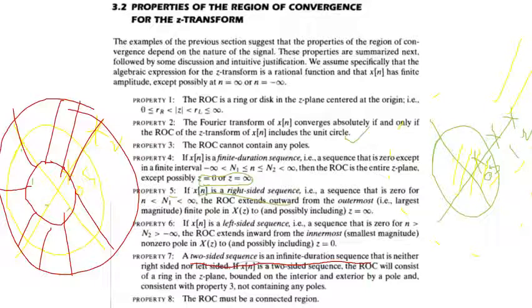See, the ROC must be a connected region. So this is a connection. We are not just saying between 0.5 and 2, because between 0.5 and 2 there is an intersection.